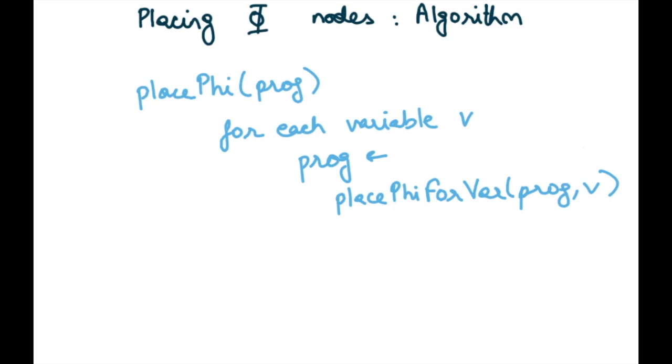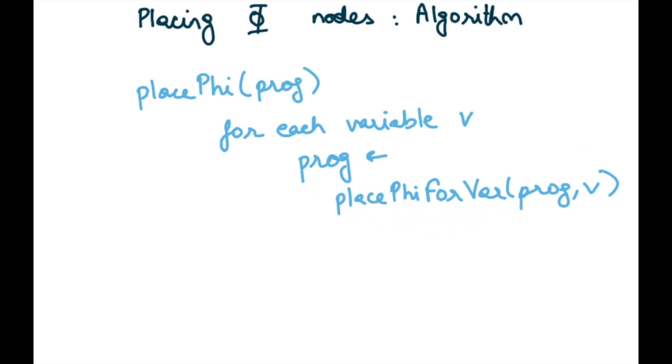Okay, so the high level algorithm for the placement of phi nodes looks like the following. The place phi function, which places trivial phi nodes in the program, takes as input a program. And for each variable v in the program, it changes the program by placing the phi nodes for the variable v.